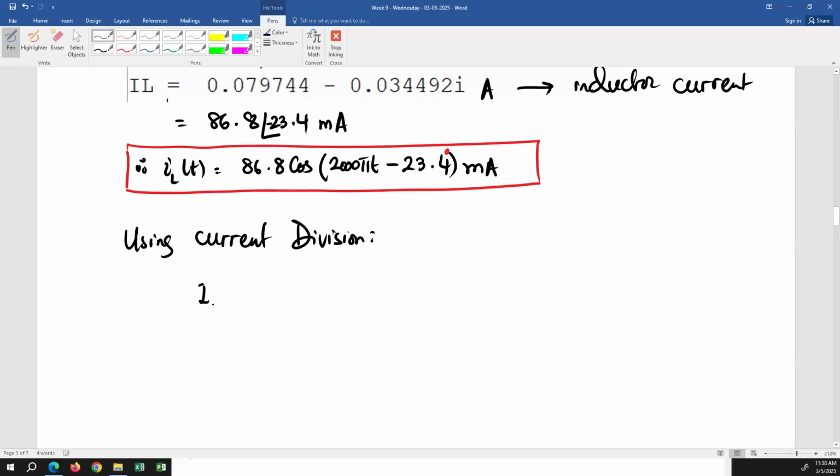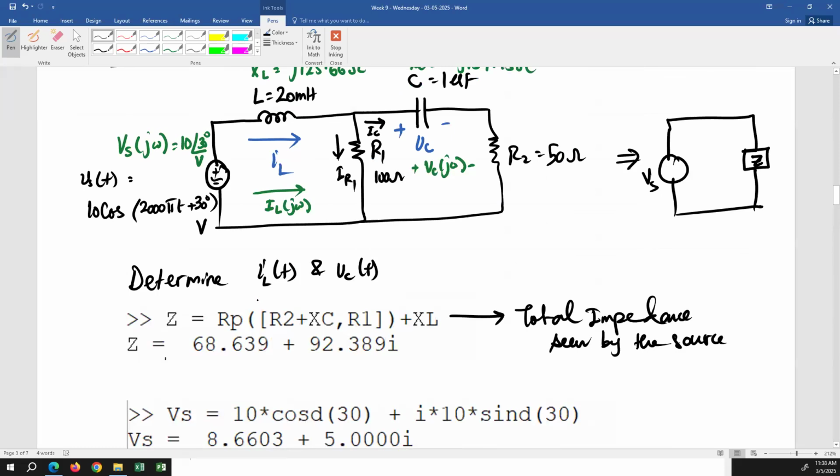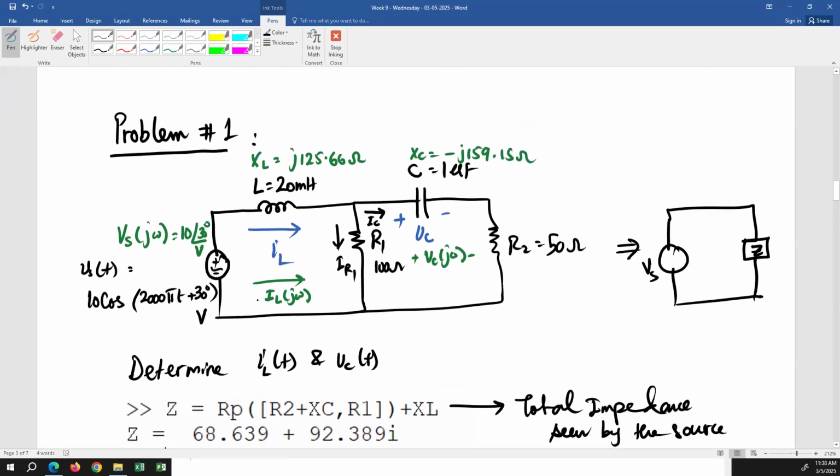All right, who's going to tell me what will be the equation for the current division for IC? From the circuit, I know IL, so how am I going to write down the equation for IC in terms of current division? Don't forget your voltage and current division equations, guys. Those are important.